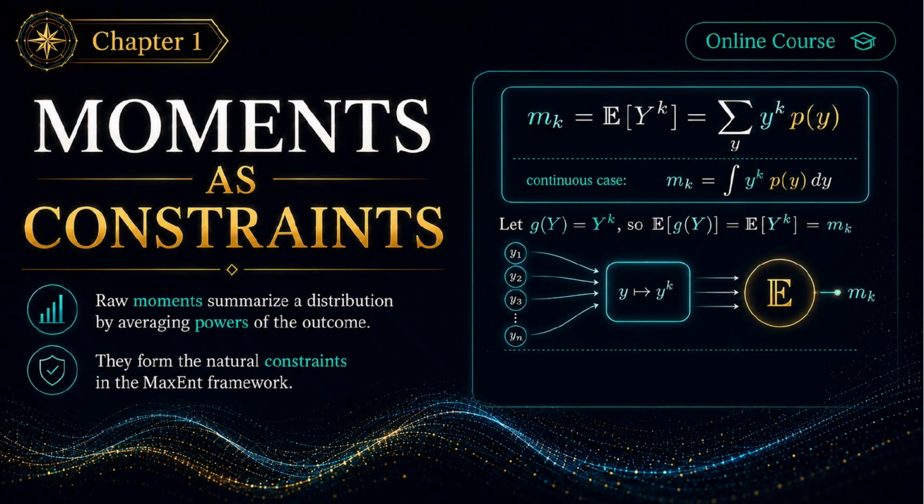Okay, so notice how this fits perfectly into our earlier discussions about what these constraints look like. They are the expected value of a function of y, and here that function of y is y to the k. What you see above there is theoretical moments, right?